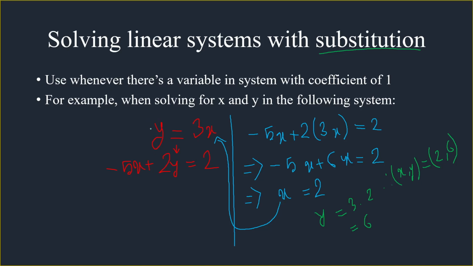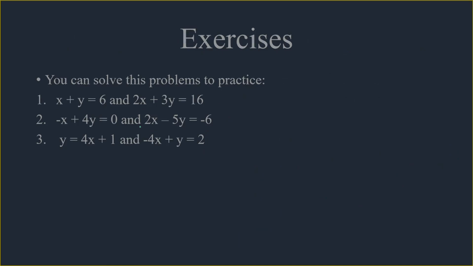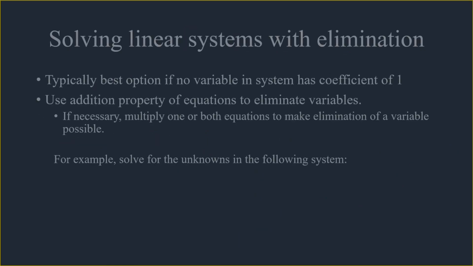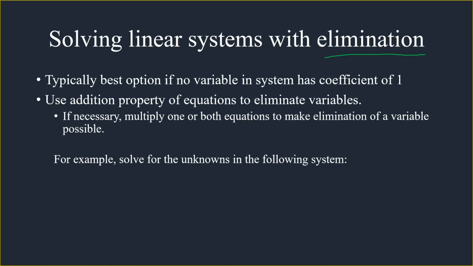Earlier we saw that we had a coefficient of 1, and when we have a coefficient of 1, we don't write it down, right? When there is no variable with a coefficient of 1, we use the elimination method. Now let's see an example.